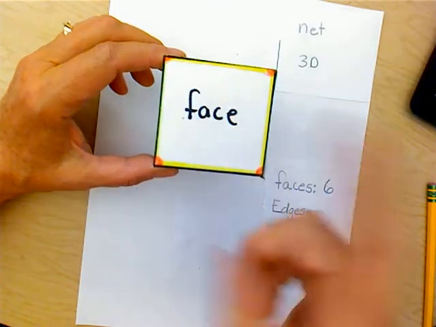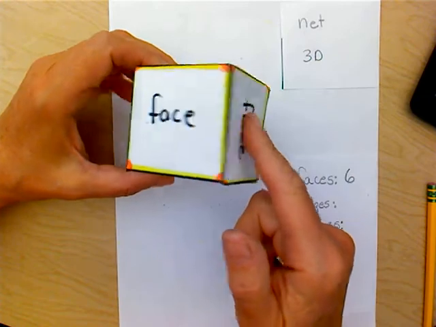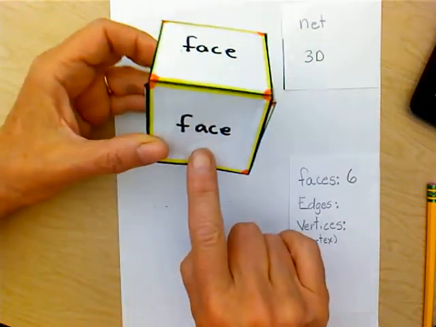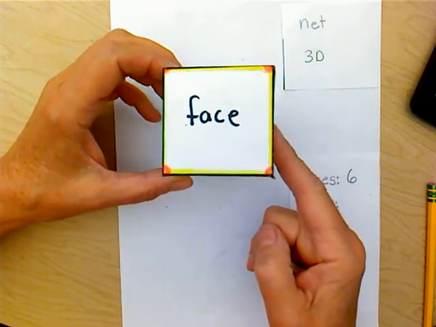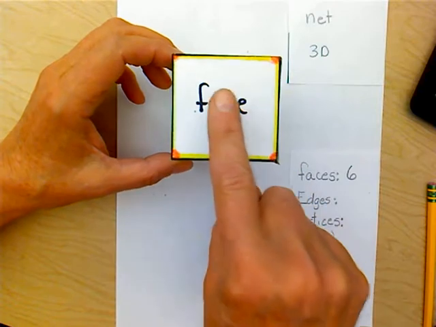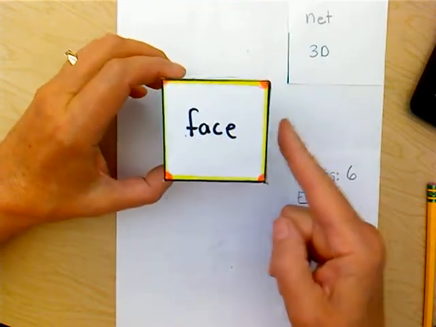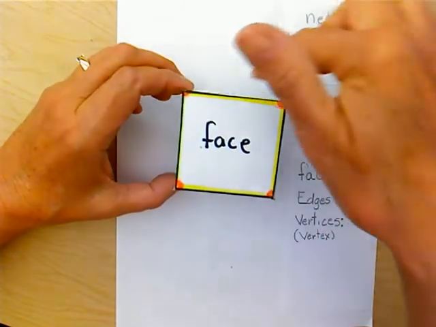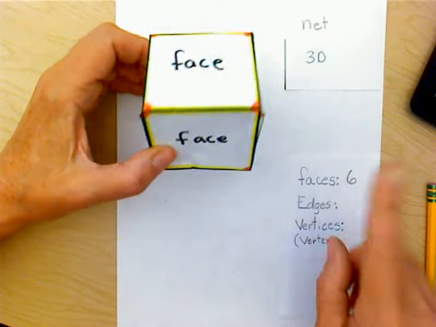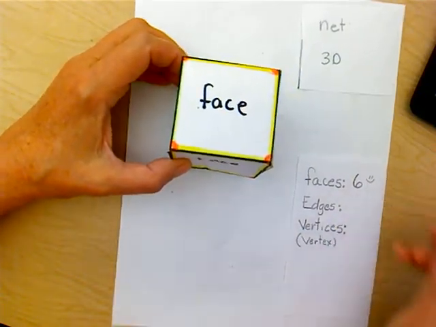So 1, 2, and I'm going to start on this side. 3, that's that side. 4, 5, and 6. And I started here. So when I counted those faces, I had 6 faces. Top is 1, bottom is 2, coming back, side 3, 4, 5, and 6. So it is confirmed, yes indeed, that I have 6 faces.